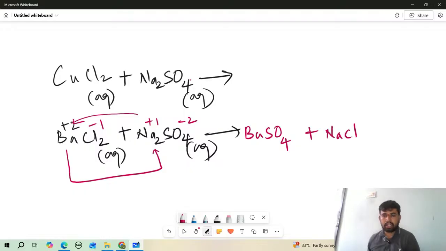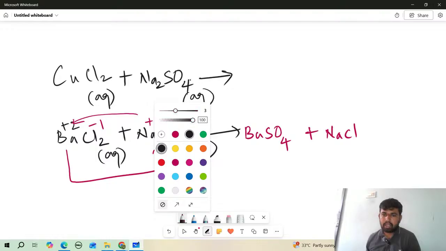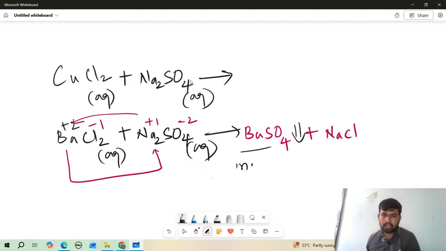Here there is a confirmation that this barium sulfate is an insoluble solid, an insoluble precipitate. Precipitate means insoluble solid. So I can confirm this is insoluble.